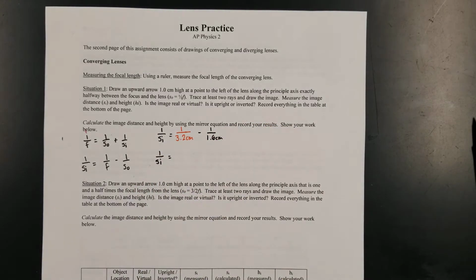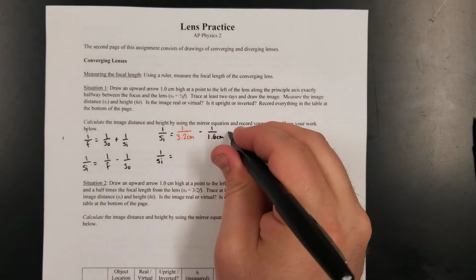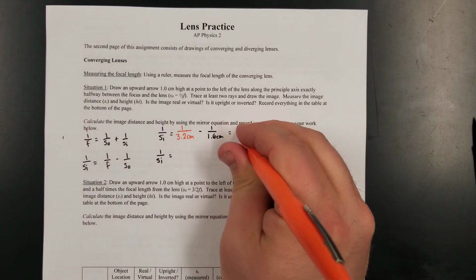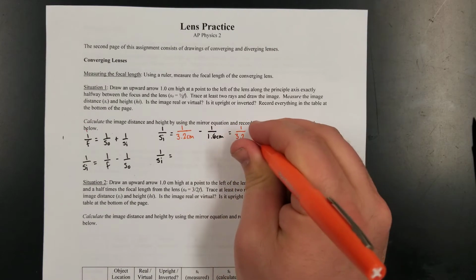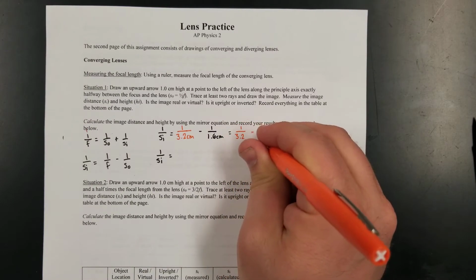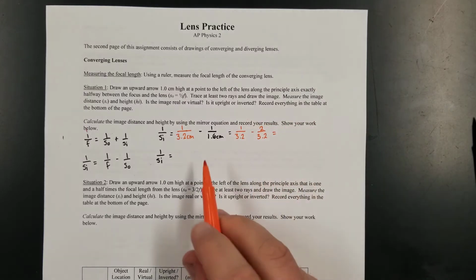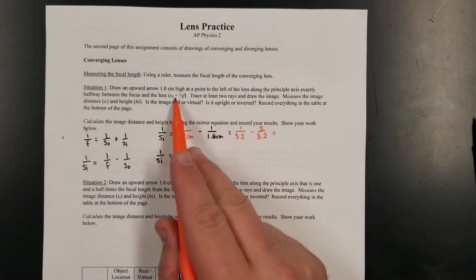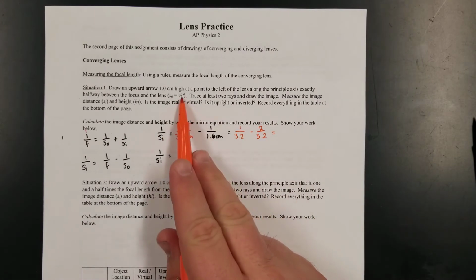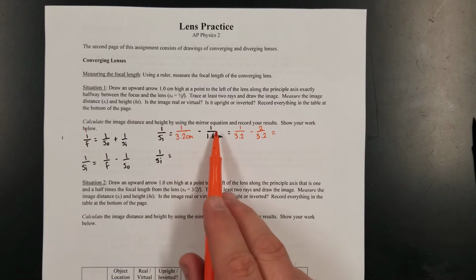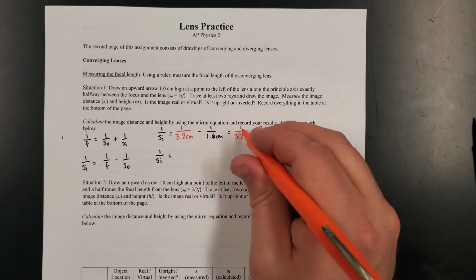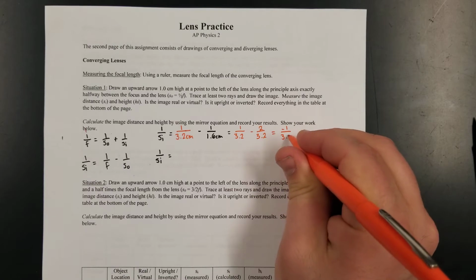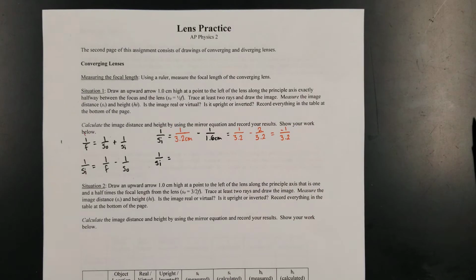And so you can get a common denominator for those. You can say that that is equal to 1 over 3.2 minus 2 over 3.2. 3.2 would be a common denominator between those two. That's why we did a nice half interval. No matter what we got for the focus, half the focus we can get a common denominator for. So 1 minus 2 is minus 1 over 3.2, just like that.